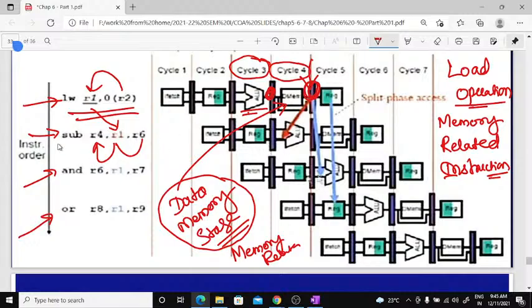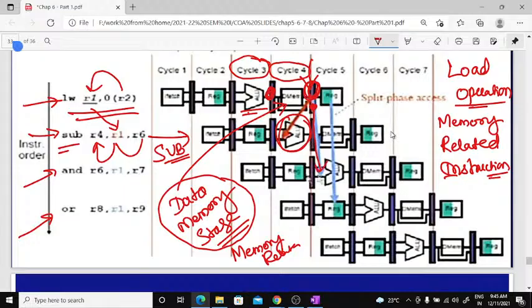The data is not available for the second instruction, because in clock cycle 3 it is performing the subtraction operation and needs the data, but it is not available because at the end of cycle 4 we get the data from the buffer.